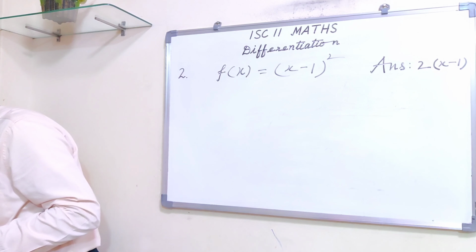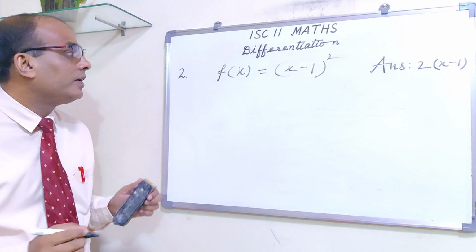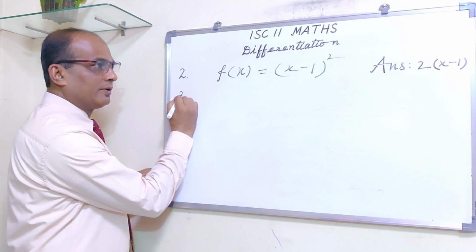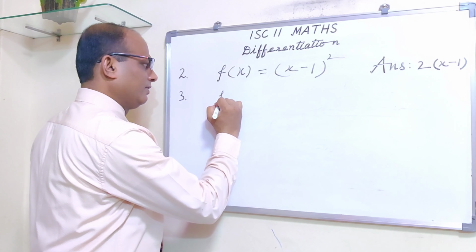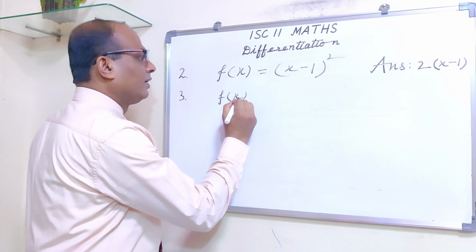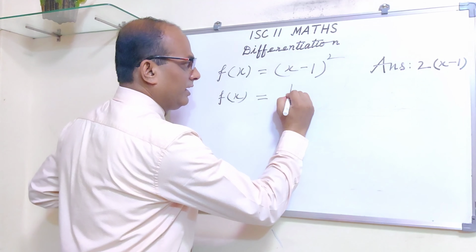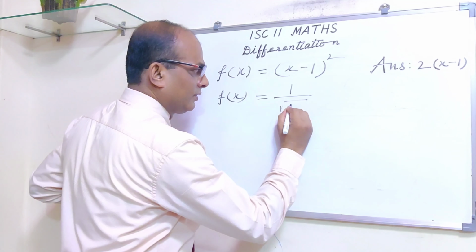Question number 3 is 1 upon root x. Question number 3, this I am doing. Question number 3 is f(x) is equal to 1 upon root x.